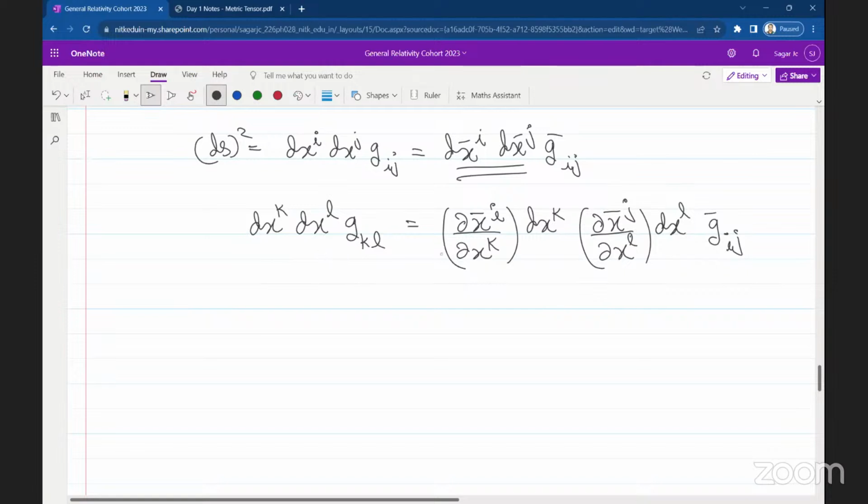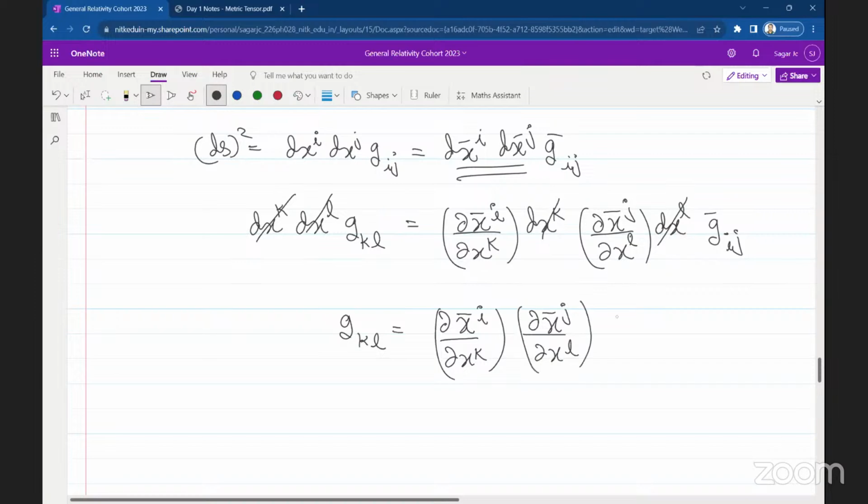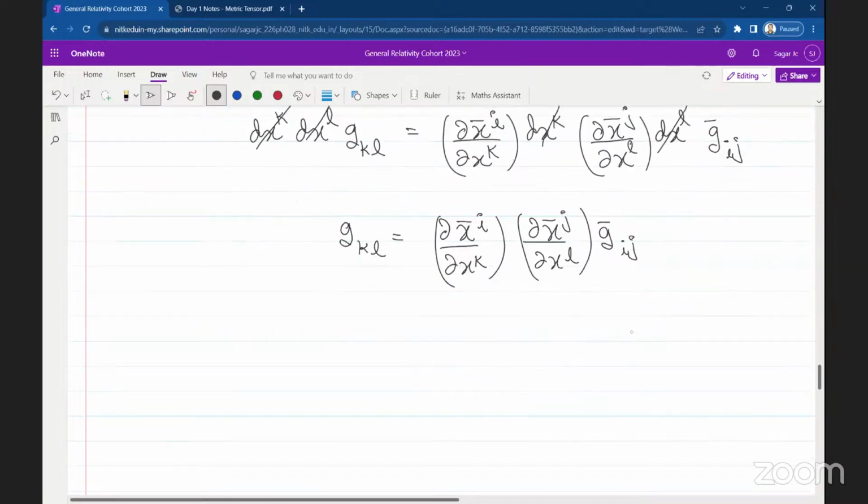Since they're dummy indices, I just wrote k and l instead of i and j. Now I can cancel dx_k and dx_l, and what I'm left with is g_kl equal to ∂x bar i by ∂x_k, ∂x bar j by ∂x_l, g bar ij, right?